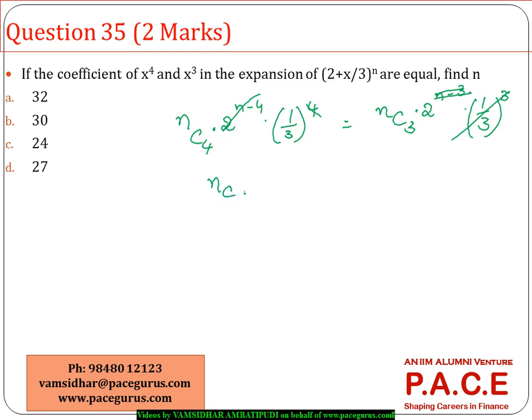So nC4 by nC3 should work out as 6. So whenever I want nC4 by nC3, in this case I want nC4 by nC3 equal to 6.